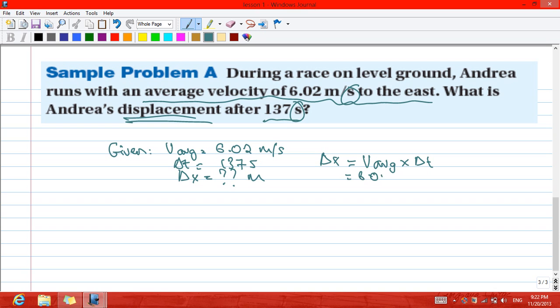So 6.02 times 137 equals 824.74, and we're going to round it, so it's going to be 825 meters east. That's for the delta x. And by this part, we're done with the first lesson.